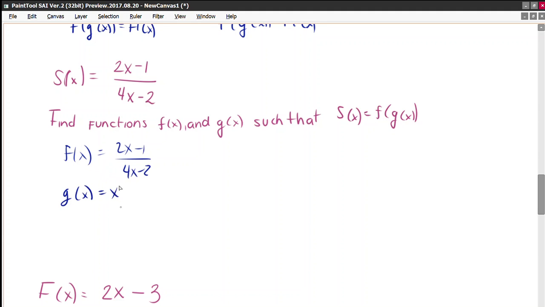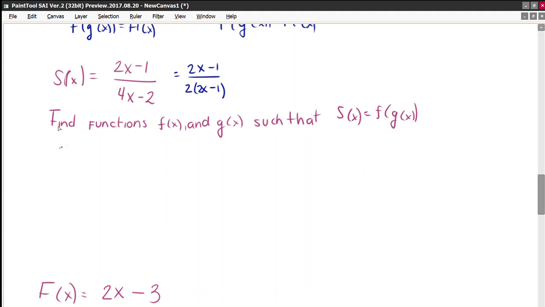But this is cheating because we cannot use the input function as just the variable x. So, what we can see here is that the numerator and the denominator have something in common. Because if I factorize my denominator, we notice that my denominator is 2 times my numerator.